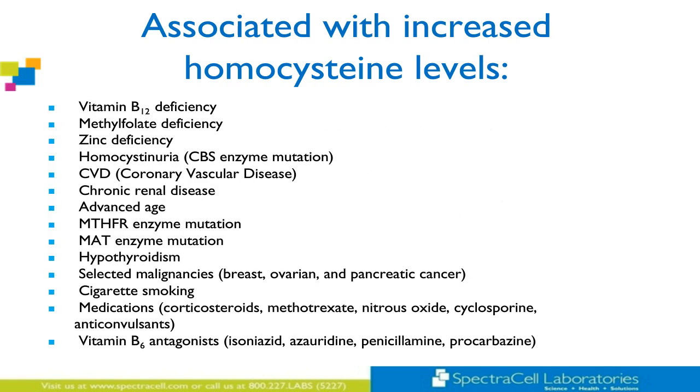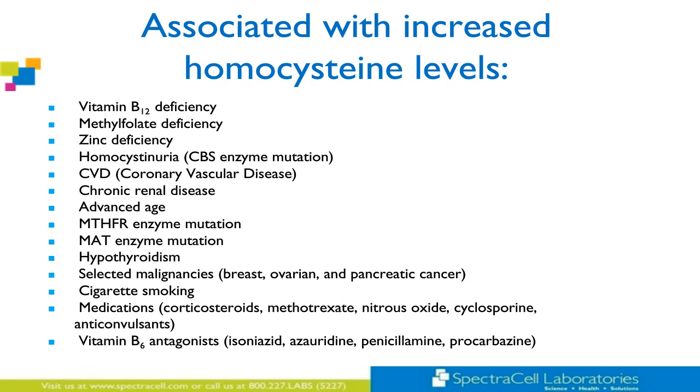Now, here is a long list of deficiencies and problems that are associated with increased homocysteine levels. Some of these will be, I hope, straightforward as we go through some of the biochemistry, but there are a few others that I would just like to point out.